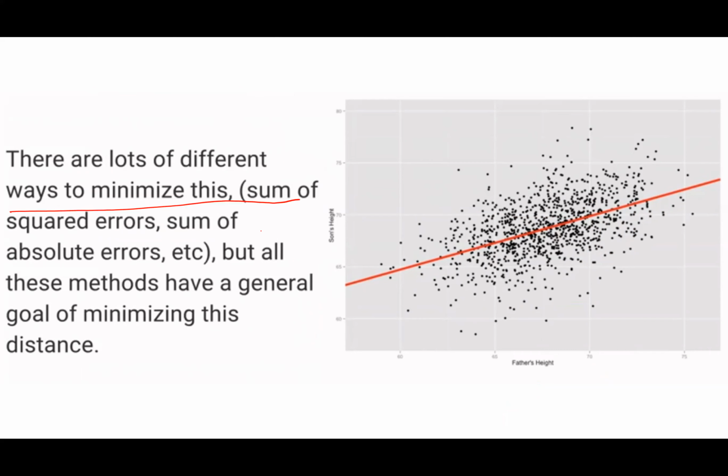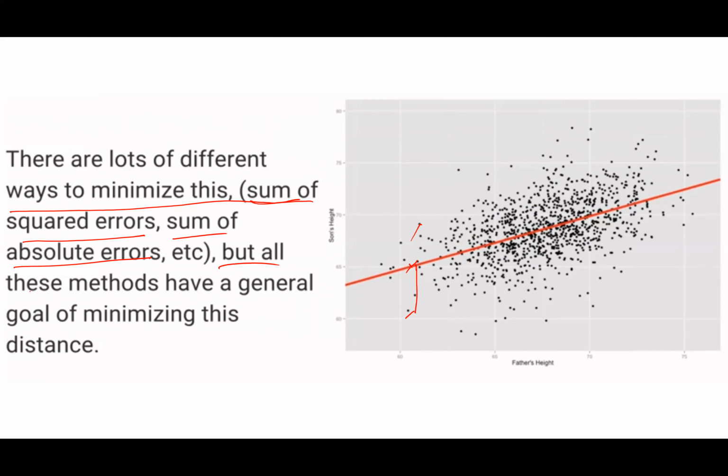There are a lot of different ways to minimize this. There are different mathematical methods or simple common sense approaches that we can use to minimize this distance. One of them is the sum of squared errors, or the sum of absolute errors. So what kind of error am I taking? I can minimize the absolute error, this minus this minus this, whatever is coming. Or I can take the mean squared error: take the error, square it, and then try to minimize the square.